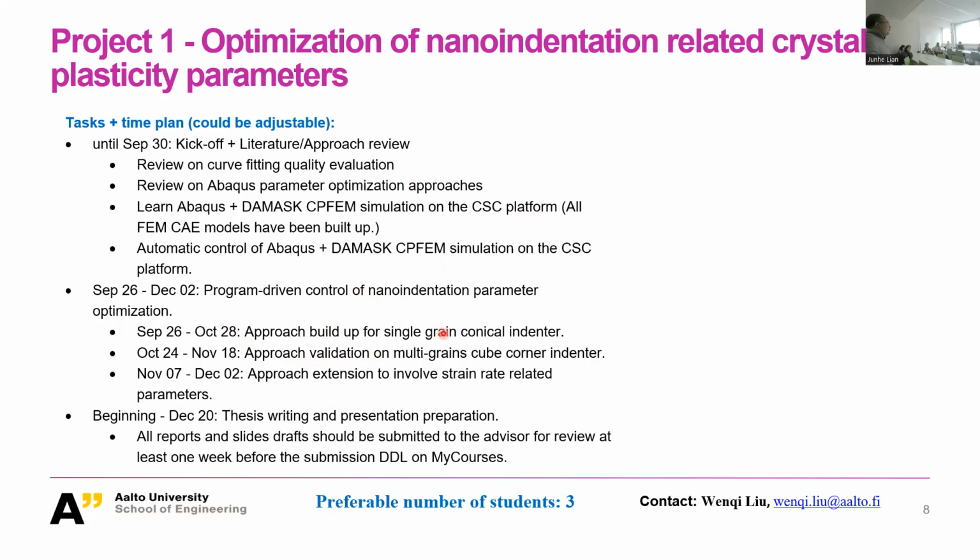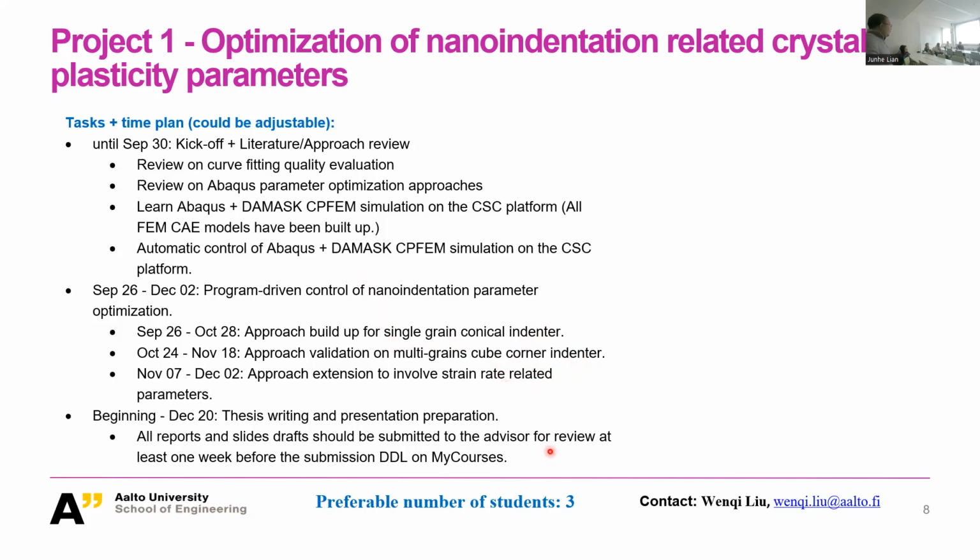So you can see some detailed tasks planned for this project, such as building up the single grain, and you can definitely consult with Wenqi about the details if you would like to know them. But I would say this is more about when you really get into the project, you will figure out one by one. Everything is arranged nicely here.